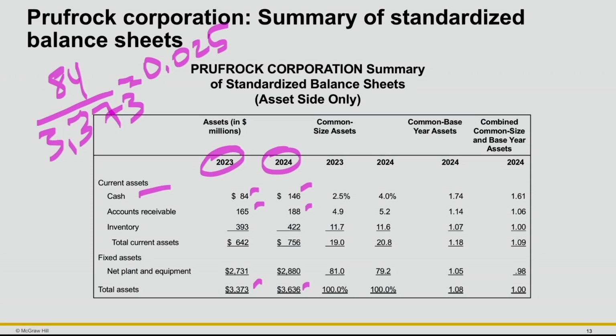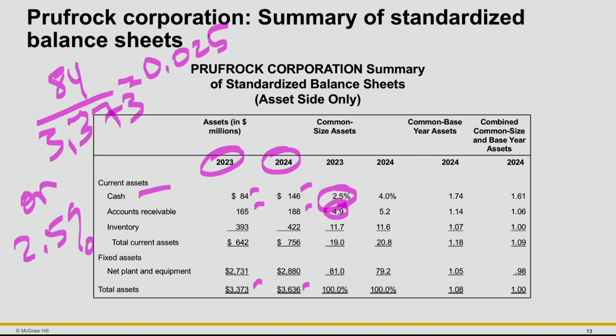that would give us 0.025 or 2.5%. And there you go. So in other words, cash is 2.5% of total assets. Accounts receivable is nearly 5%, so nearly double.